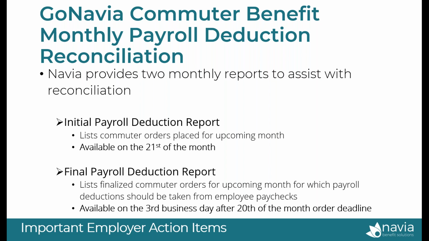It is important that commuter orders and payroll deductions are reviewed and reconciled monthly to ensure smooth plan administration. To assist with this process, Navia provides 2 reports each month associated with your commuter benefit. An email notification will be sent to commuter contacts when the reports are posted and available on the portal.